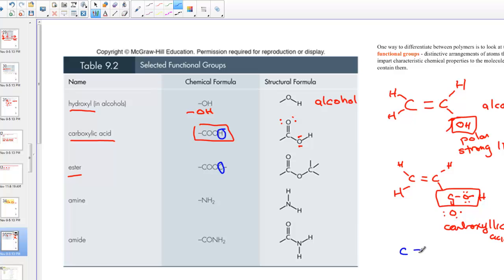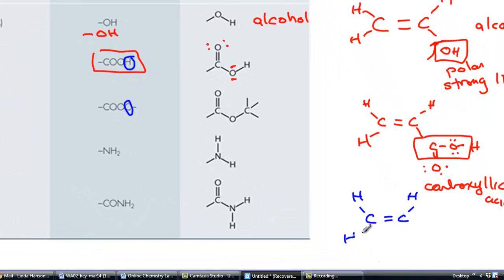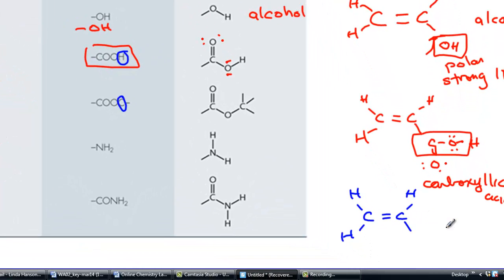So again, let's stress, we have our monomer, and in this position, we could place a functional group called an ester. The ester would be attached by this carbon here, and I would see a double bond O, and then an O, and then another carbon, and it would probably terminate here with a CH3.